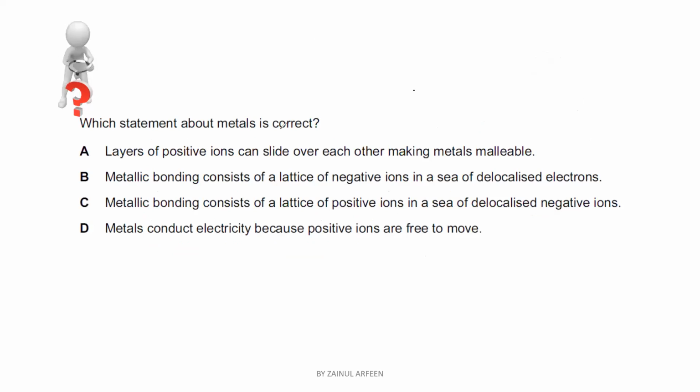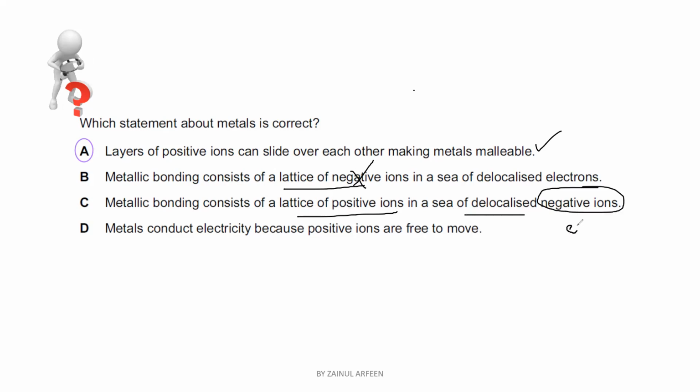Which statement about the metal is correct? Yeah, that's good. The layers of positive ions can slide over each other. That's why they are malleable. Metallic bonding consists of a lattice of negative ions? That's wrong. It is a lattice of positive ions. Metallic bonding consists of a lattice of positive ions in a sea of delocalized negative ions? That's wrong.